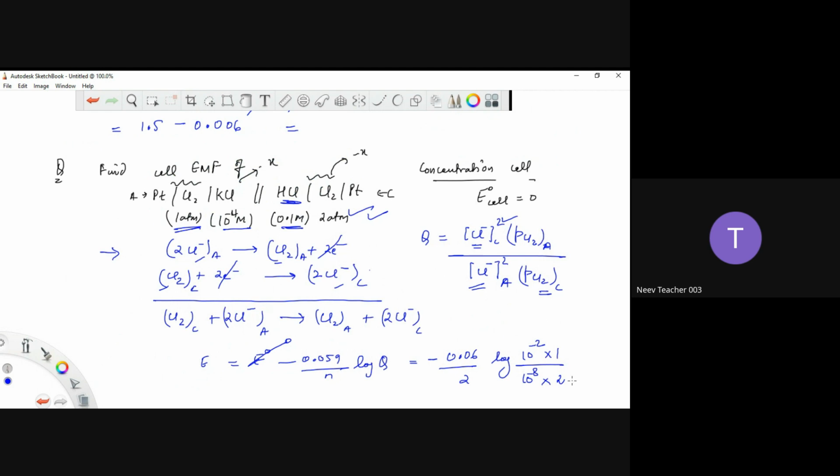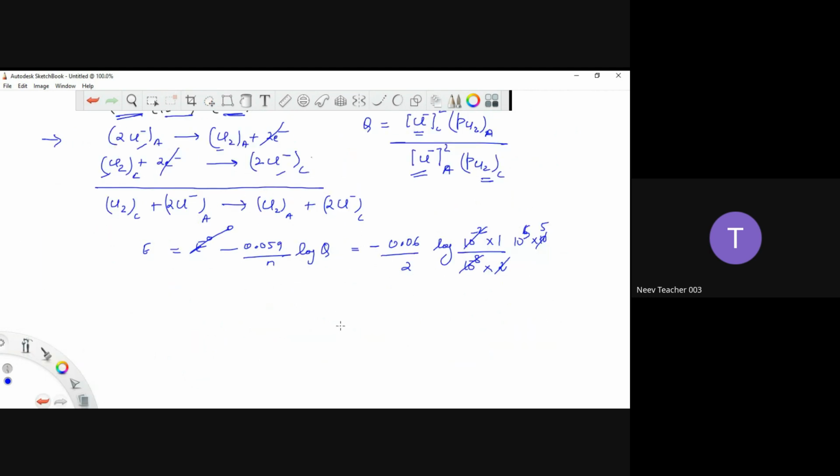So that comes out to be what? 10 to the power minus 6 goes up, 10 to the power 6. To take 1 by 10 out of it, it becomes 10 to the power 5. And if I take the 2 into it, it becomes 5 into 10 to the power 5. Now the value will be what? Minus 0.03. Log value will be 5 plus log 5, which is basically 0.69. Correct.